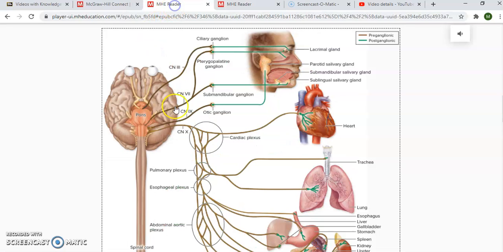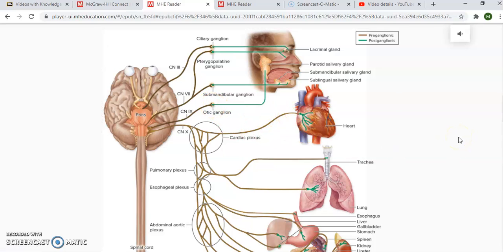And then parasympathetic, here and here, that'll be acetylcholine. So acetylcholine is a big neurotransmitter in the autonomic nervous system, and it's released by the preganglionic motor neurons for both the sympathetic and the parasympathetic motor neurons.